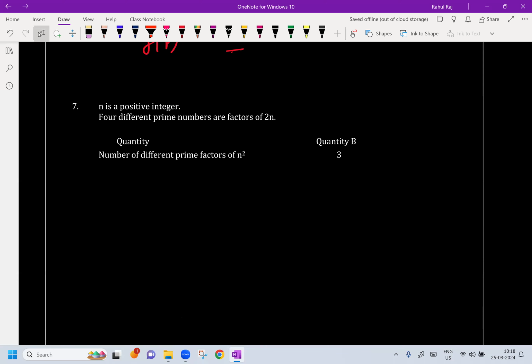So I've got my n as 210 and number of different prime factors of n square.